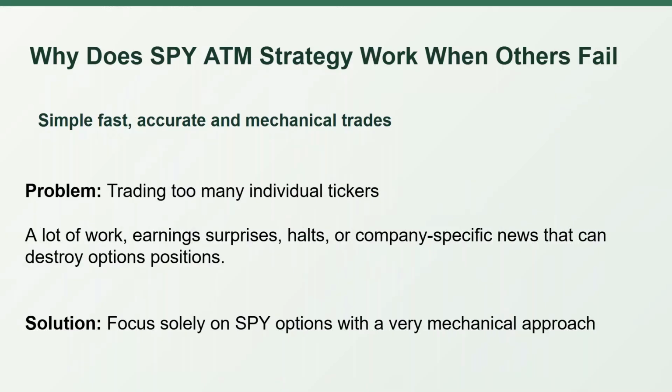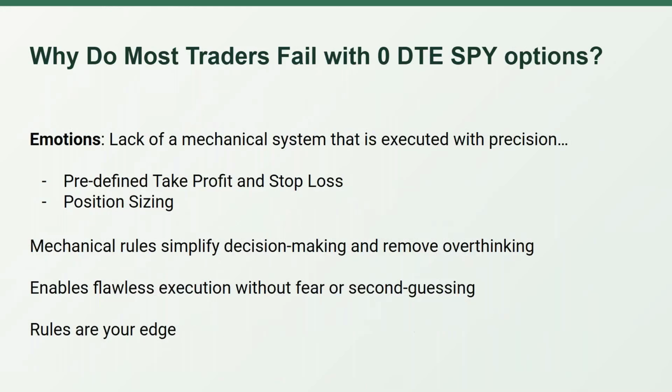I've always found that just focusing on SPY simplifies things really nicely and protects you from things like earnings surprises. Because SPY tracks over 503 companies, it really diversifies and keeps you safer. And so focusing solely on SPY with a very mechanical approach is the heart of the SPY ATM strategy. And a lot of people do still fail with using zero DTE SPY options.